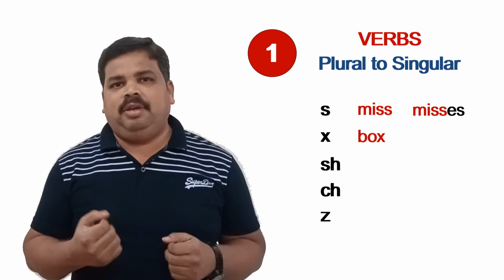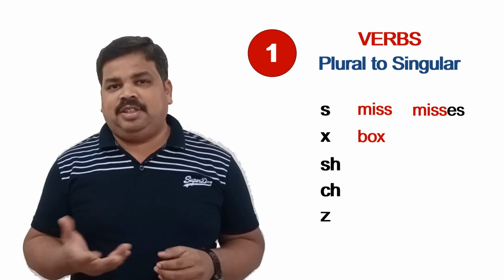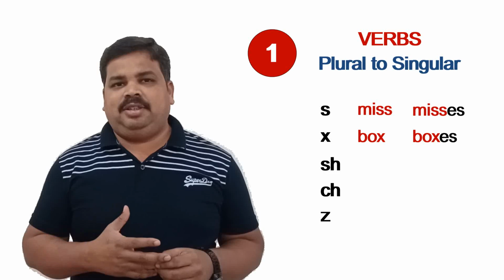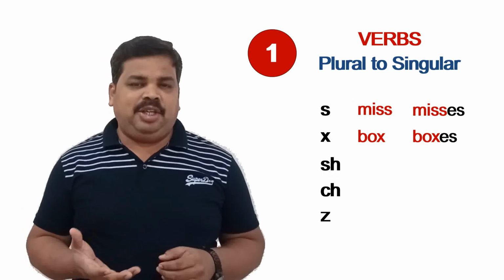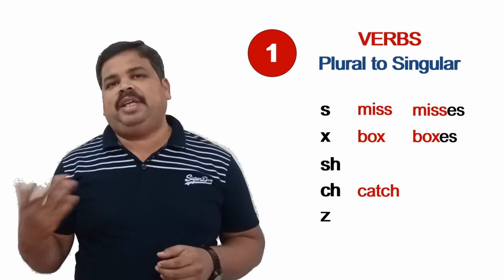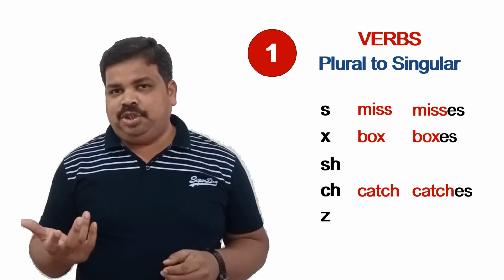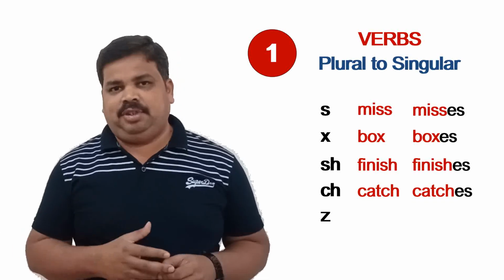Boxing, so box is a verb form of that, so we can say boxes. Mike Tyson boxes well. Similarly, when we have ch, something like catch is a verb, catches, we are adding es to that. We have something called finish as a verb, finishes. He finishes first.